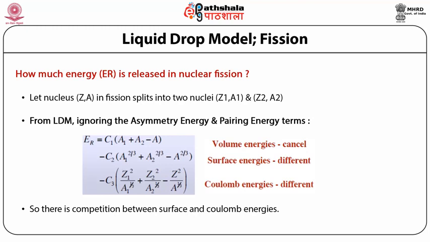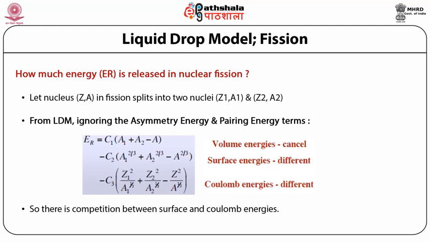But the surface terms will be different, because the surface energy of the two nuclei produced in the fission process will be different than the surface energy of the single big nucleus. Also, the Coulombic energy terms will be different.